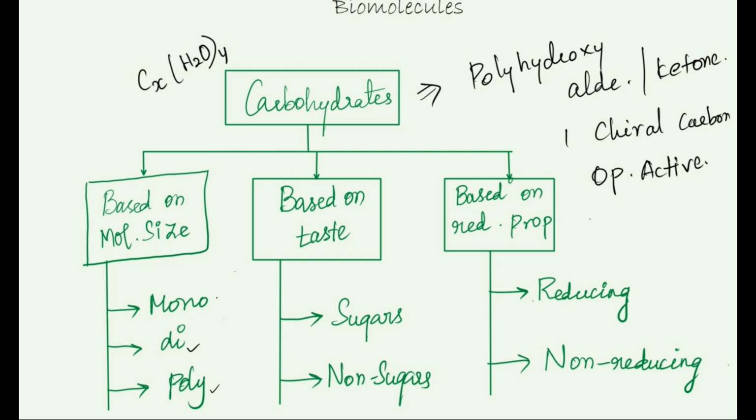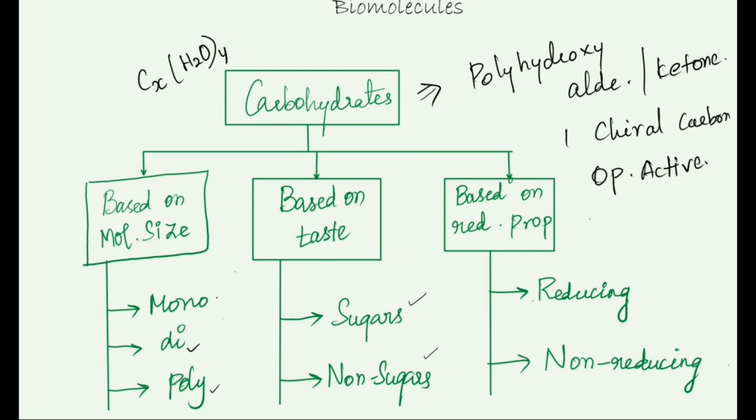Let me take you through the other 2 categories as well. Based on taste, it can be sugars and non-sugars. And based on their reducing property, this can be reducing and non-reducing sugars.